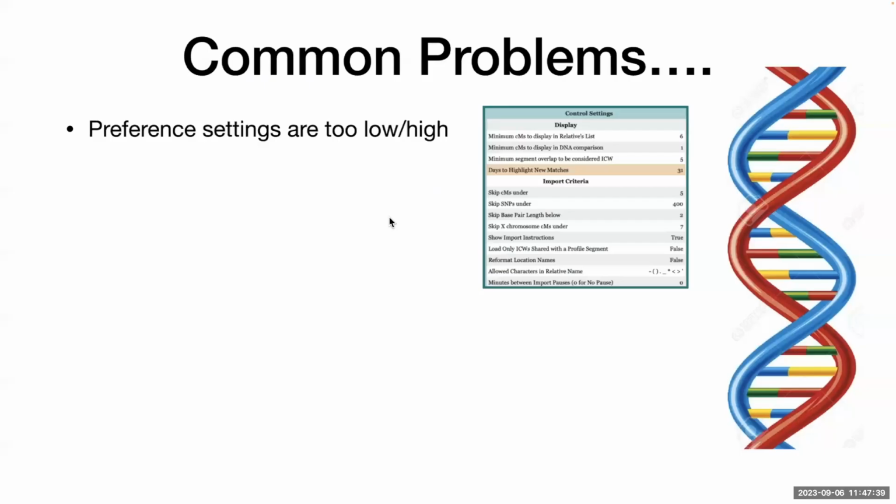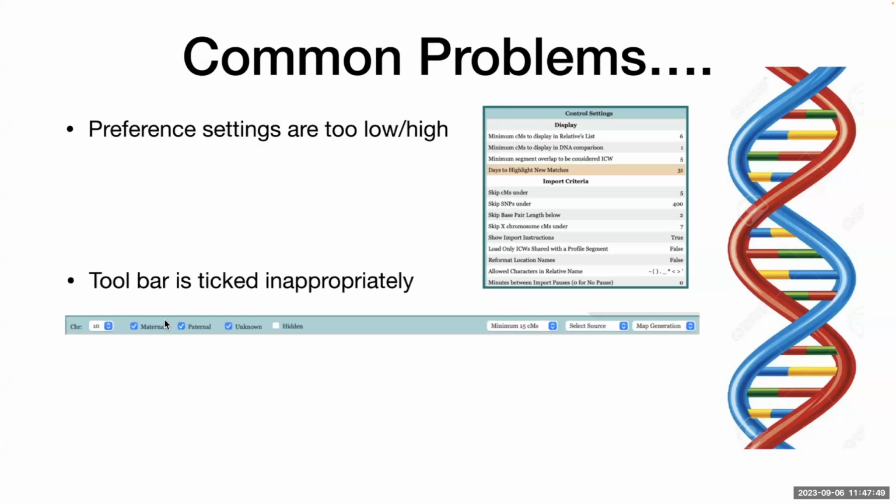So the common problems with the setup are preference settings are set too high or too low. The toolbar is ticked inappropriately. So you might be looking at a list where none of these are ticked. If you've only got maternal matches ticked, your paternal matches won't show up, etc. Or you might have hidden some matches. So in this case, if I'd clicked hidden, it'll show me all the matches that are hidden as well.